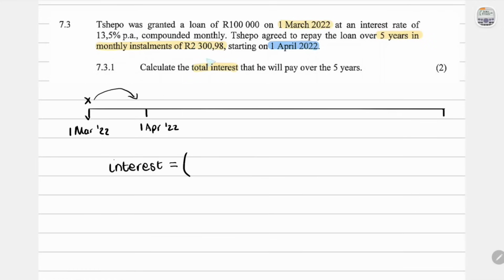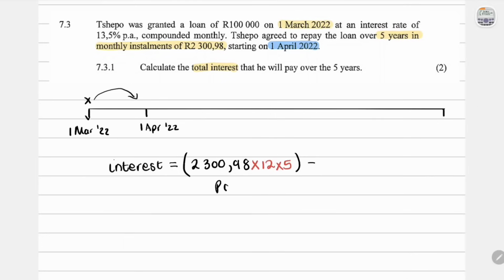Okay, so let's find out how much Tsepo pays them. So every month he gives them 2,398 rand 40 cents. And he does this for how long? For 5 years, right? But he doesn't just give them this every year. He gives them this every month for 5 years. So this is times 12 months in a year and 5 years. And then we will subtract the amount they actually gave him.